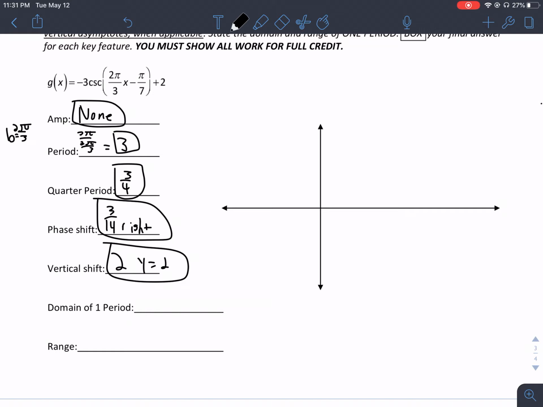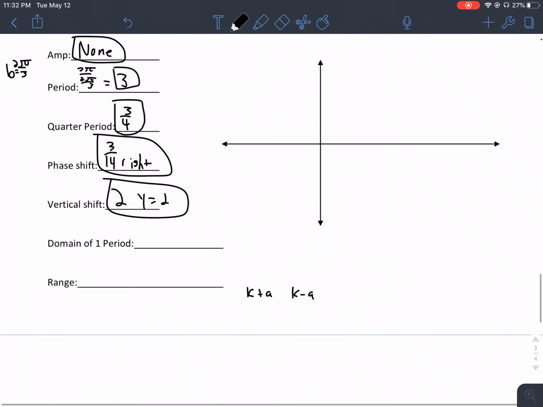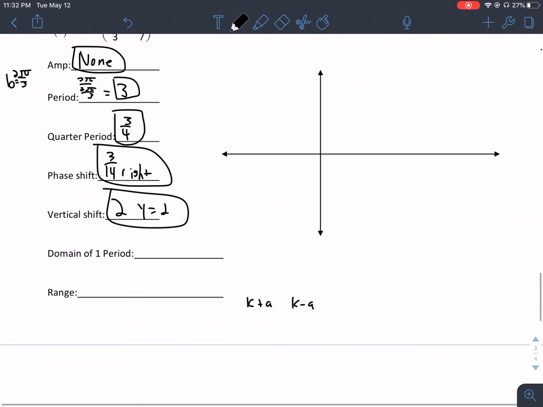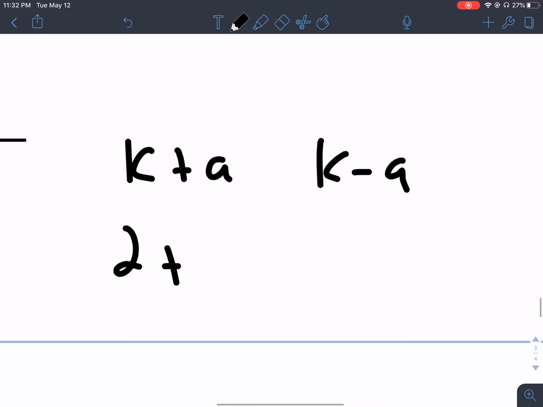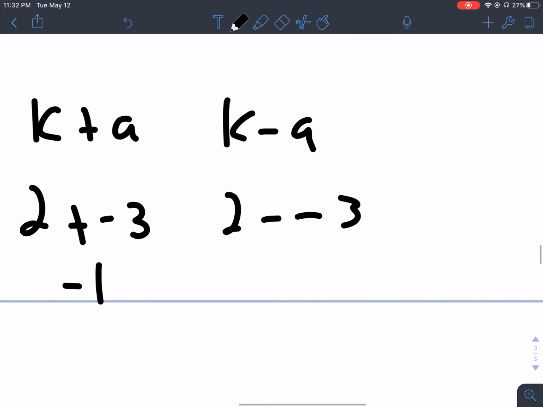And then to find the range, we do k plus a and k minus a. So we know our k is 2 and our a is -3. So 2 plus -3 and 2 minus -3. 2 plus -3 is -1, and 2 plus 3 is 5.